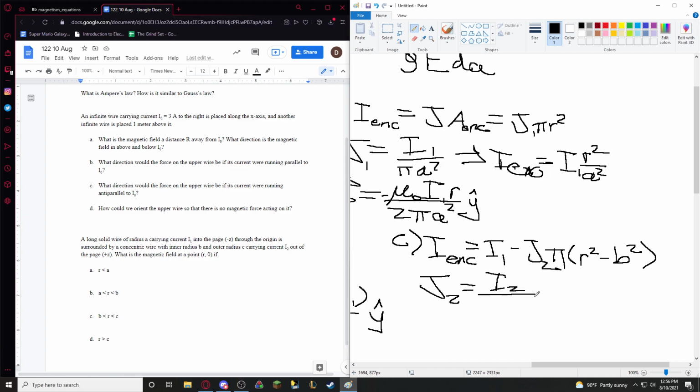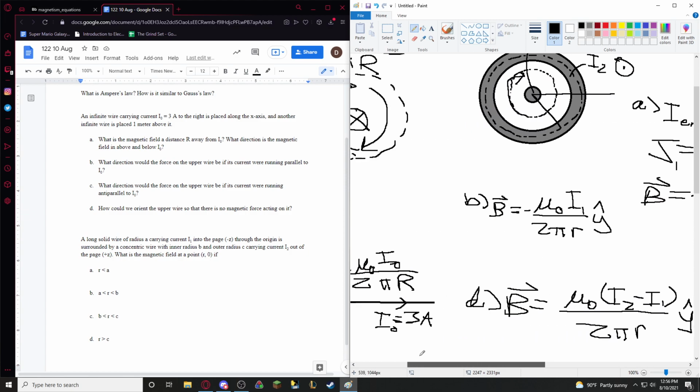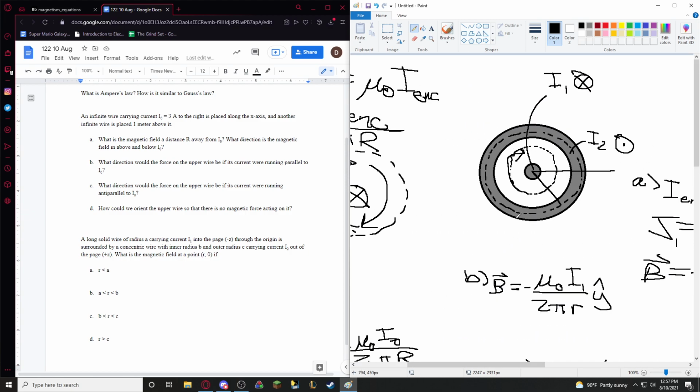So this is still the cross-section, isn't it? So pi r squared, sorry. But it's not the full circle. It's this whole big circle minus this inner circle here.